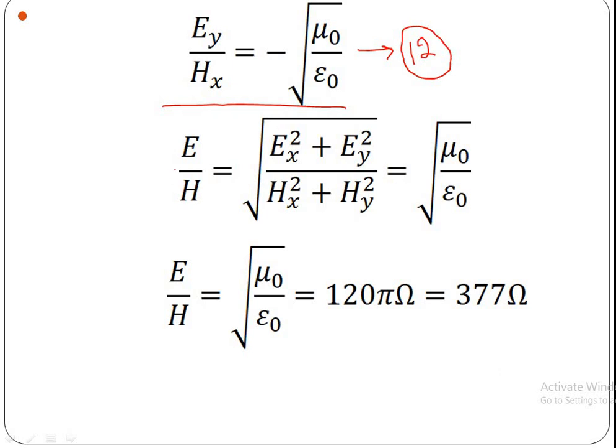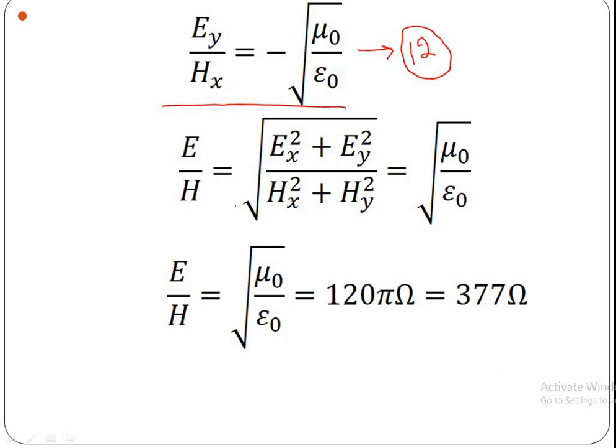Now take magnitude of E by H. Here E is equal to Ex ax bar plus Ey ay bar. Then what is magnitude of this E? Square root of Ex square plus Ey square. Similarly, H also has two components, Hx ax bar plus Hy ay bar.